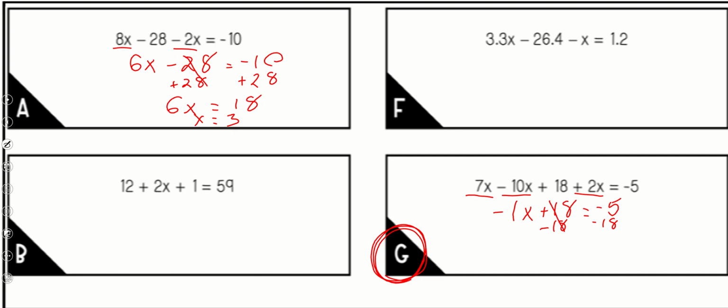On the right side, signs are the same. When the signs are the same, we add and we keep the sign. So that makes negative 23. So we got negative 1. And then we're dividing. Negative divided by negative makes that a positive. So that's how we get back to a positive 23. Okay?